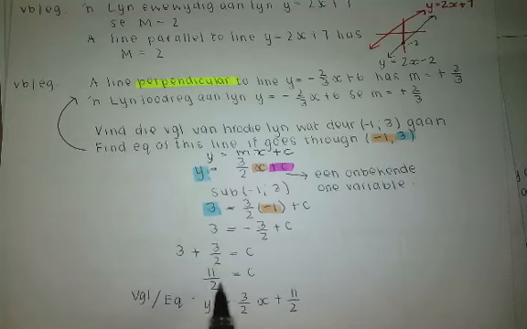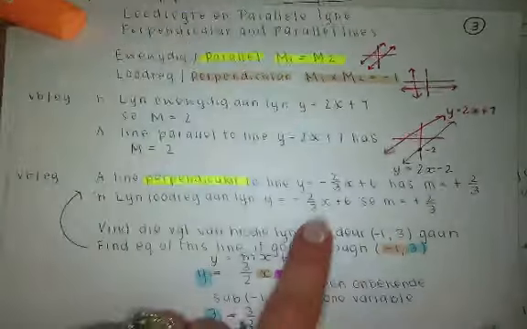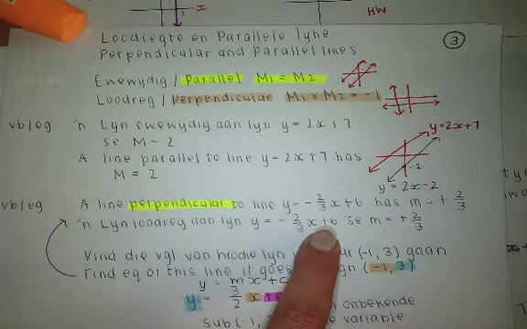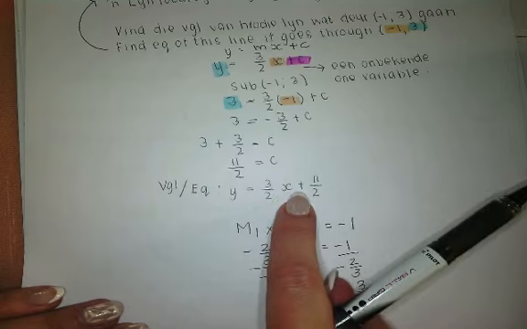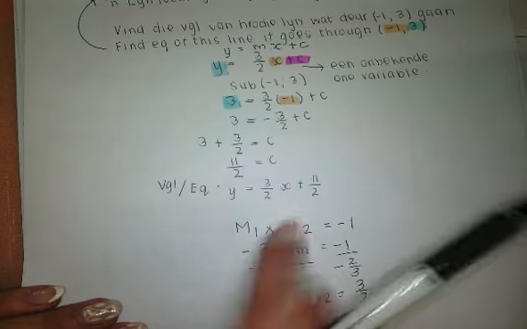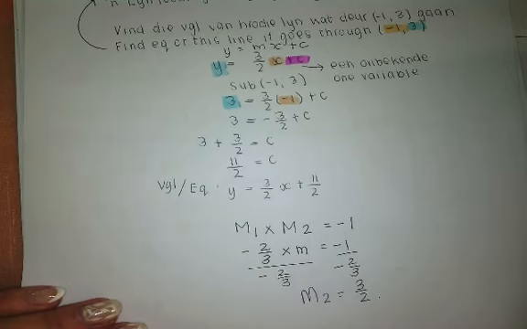Take that over to the other side, it becomes a plus. Put that into your calculator and you get 11 over 2. Therefore, the equation of the line perpendicular to this one is y = 3/2x + 11/2.